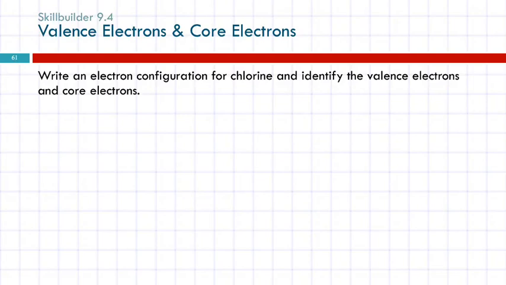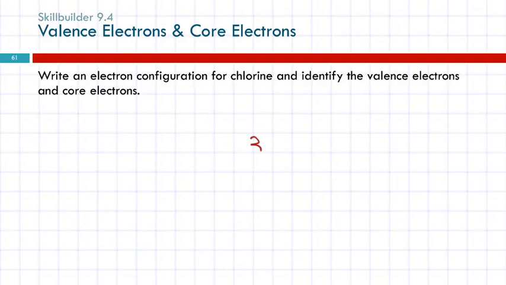Let's look at chlorine and identify valence and core electrons. So, using the periodic table, we should be able to say the last term in chlorine's electron configuration. So it's in period 3, the third row.